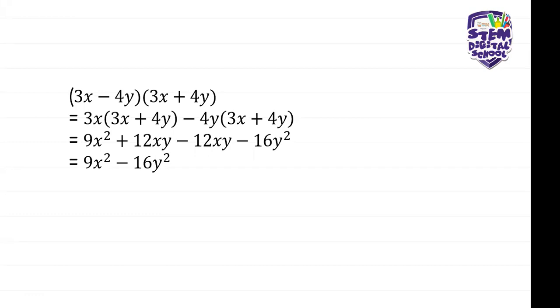And I said those are the factors of the difference of two squares, x squared minus y squared. So even in this case, once you have solved your problem there, you will definitely get to the difference of two squares, which is 9x squared minus 16y squared.